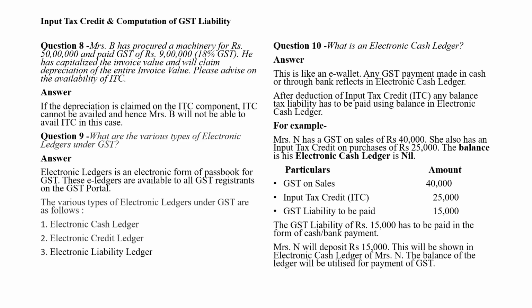The GST liability of rupees 15,000 has to be paid in the form of cash or bank payment. So Mrs. N will deposit rupees 15,000. This will be shown in the electronic cash ledger of Mrs. N. The balance of the ledger will be utilized for the payment of GST.